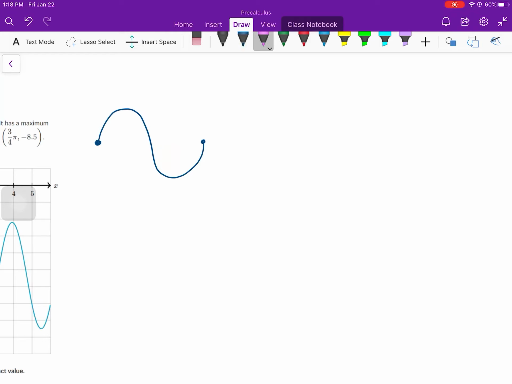So what is the horizontal distance for it to go through that entire hill and that entire valley? Because after that point, it repeats itself.